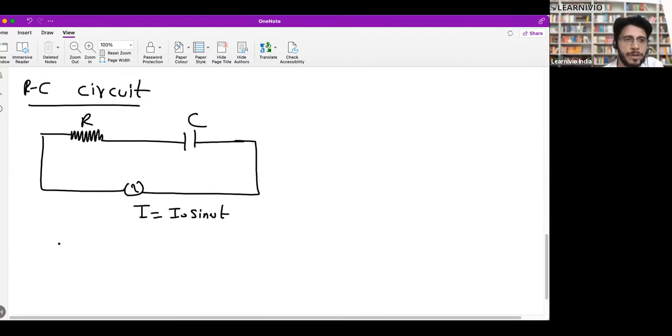So if you want impedance, Z is root over XC square plus R square.